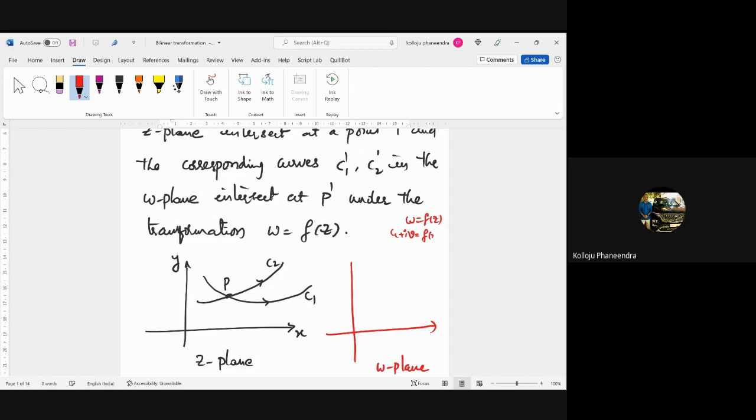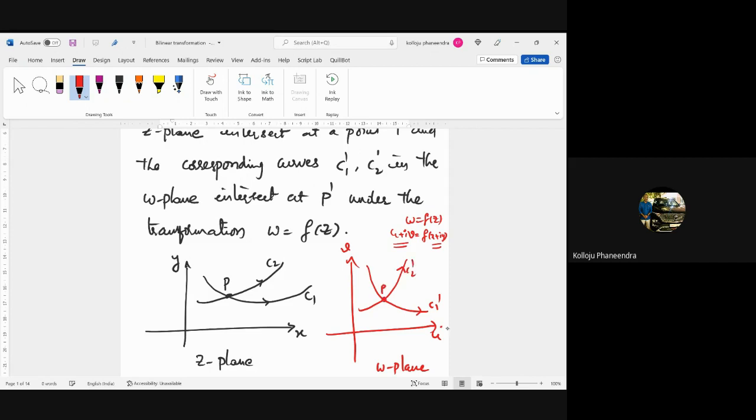F of z means f of x plus iy. So W equal to f of z is a complex function, and it also gives a mapping from z plane, that is xy coordinate system, to uv coordinate system. This is u and this is v. For example, with respect to the function w equal to f of z, this is C1 dash, image of C1, and this is C2 dash, image of C2.